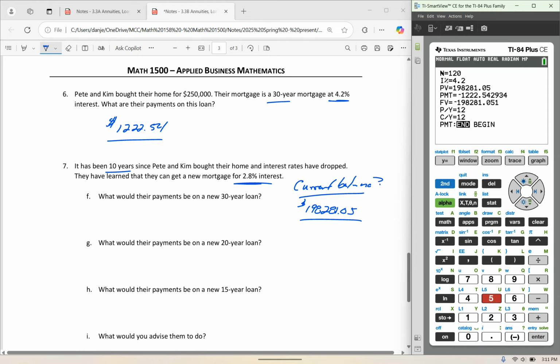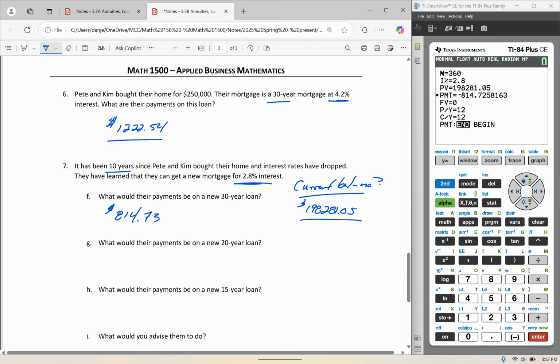We'll change everything else as we go. Their new interest rate would be 2.8%. If they get a new 30-year loan and want to pay it off, what's their new payment? Their new payment would be $814.73. That's great. Their mortgage payment just dropped by $400 a month.